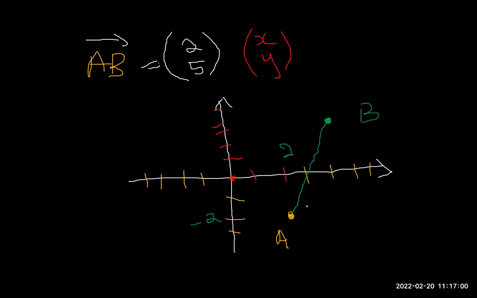Different people choose different positions. For free vectors, the person can decide to choose any point on that plane. So it's not necessarily 2, 5. However, for position vectors, I must start at the origin. So therefore, this would always be my coordinate for the point.